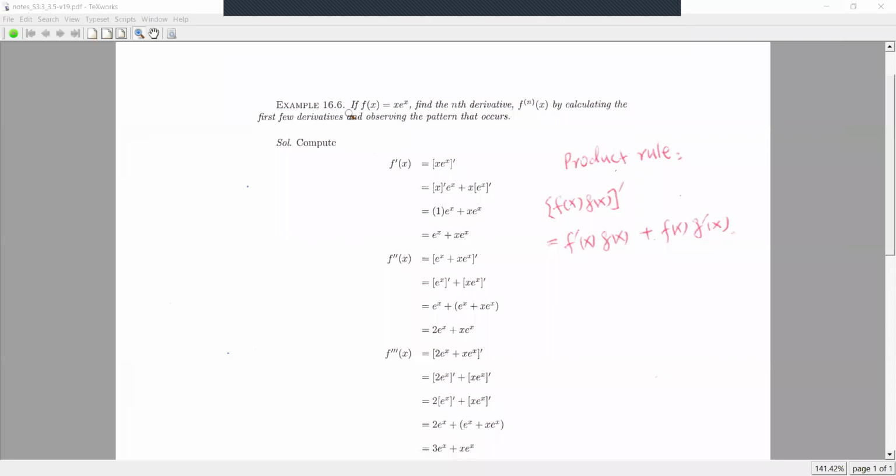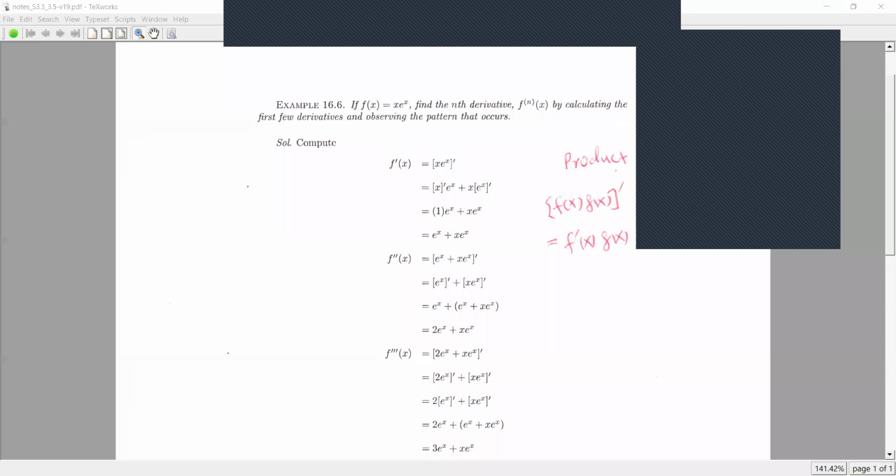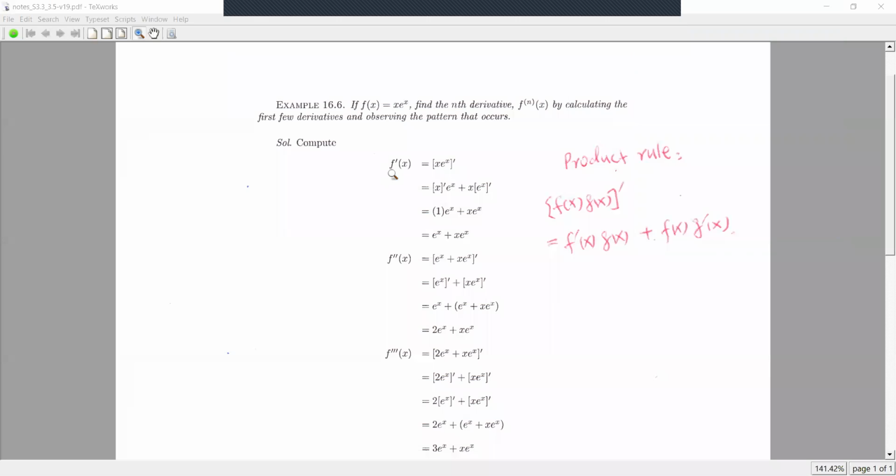Example 2, if function f is the function x times e to the x, find the nth derivative by calculating the first few derivatives and observing the pattern that occurs. Take the derivative of the function f.